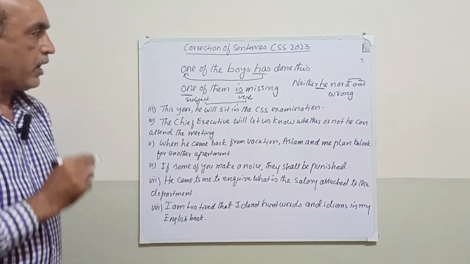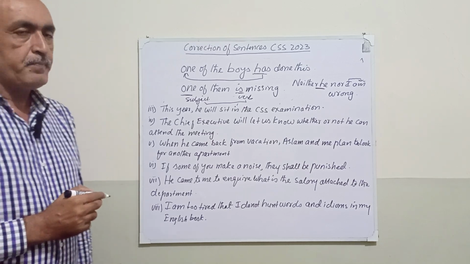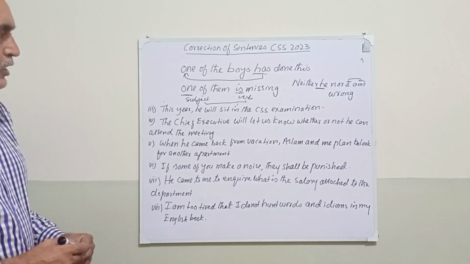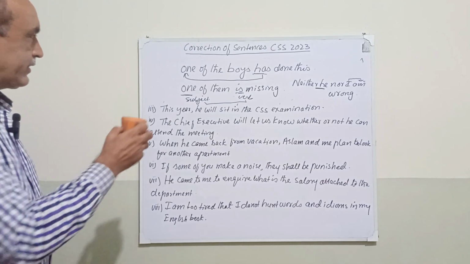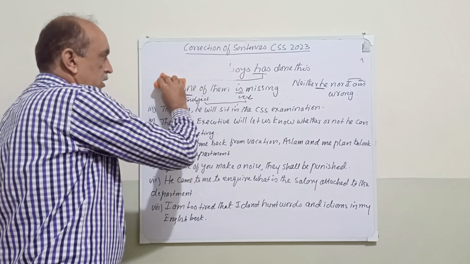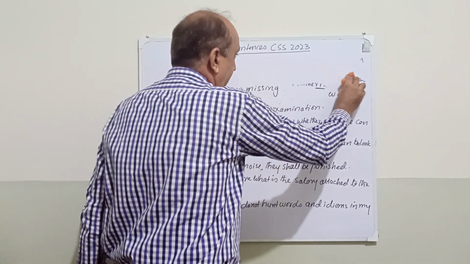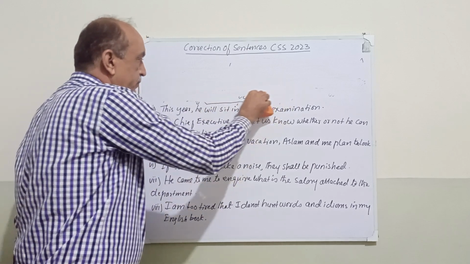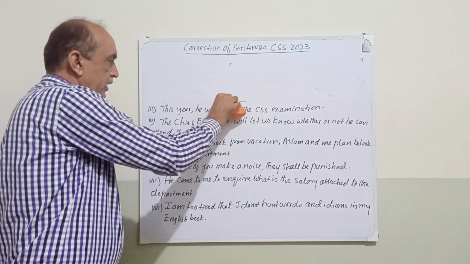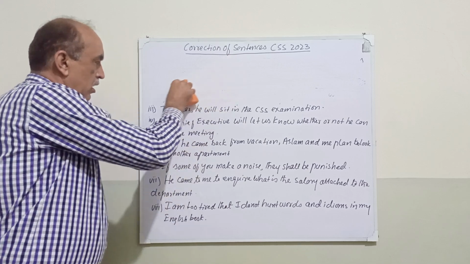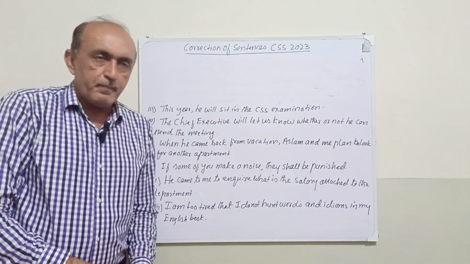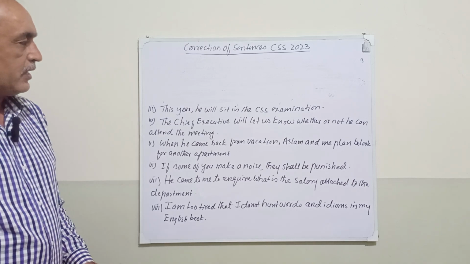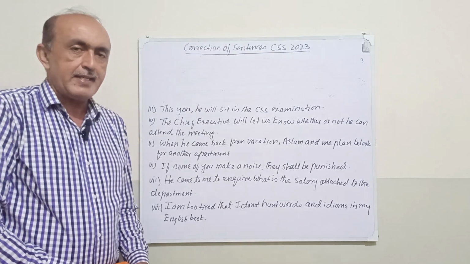Neither, nor, and you can use either also. So these two sentences are examples of subject verb agreement. And there are many more examples of subject verb agreement.